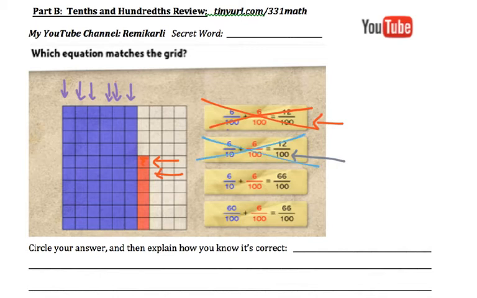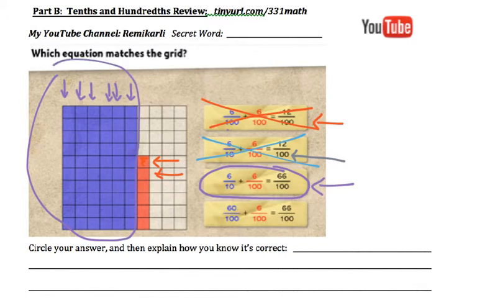For the next one, we have 6 tenths plus 6 hundredths equals 66 hundredths. And this is the first one that's correct. 6 tenths, again, we just looked at why this is the same as 6 tenths, plus 6 hundredths, we just looked at that, that's 6 hundredths, and that's the same as 66 hundredths.